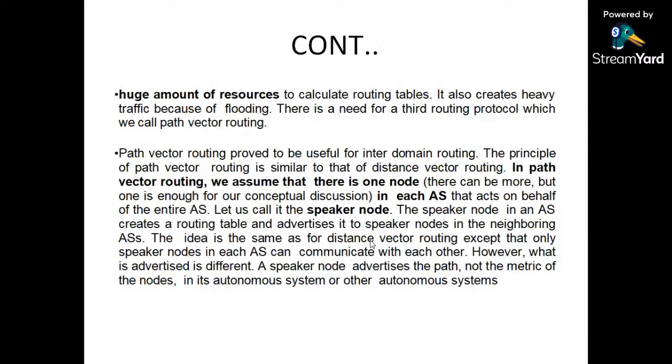The speaker node in an AS creates a routing table and advertises it to speaker nodes in the neighboring AS. The idea is the same as distance vector routing, except that only speaker nodes in each AS can communicate with each other. However, what is advertised is different. A speaker node advertises the path, not the metric of the nodes, in its autonomous system or other autonomous systems.